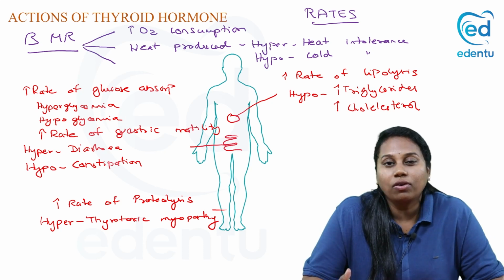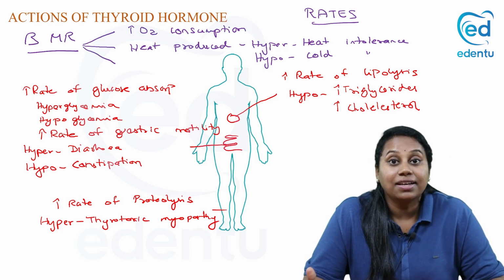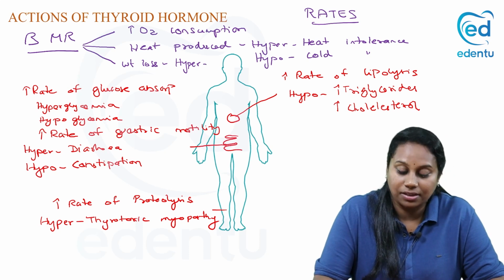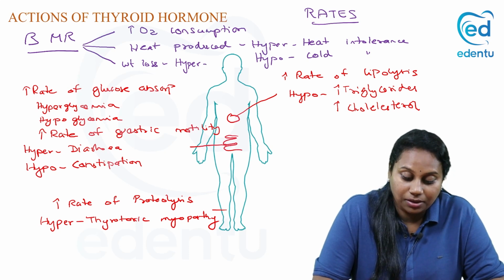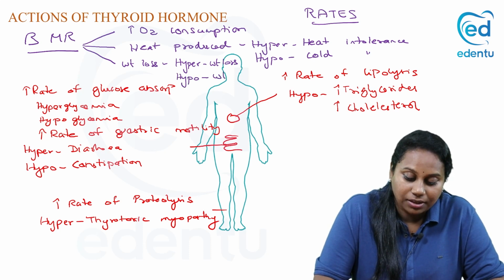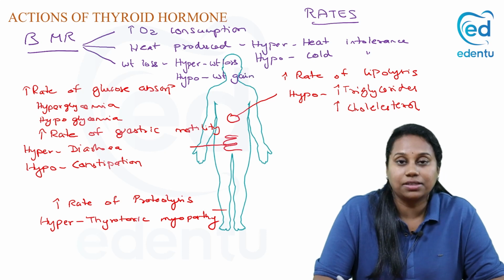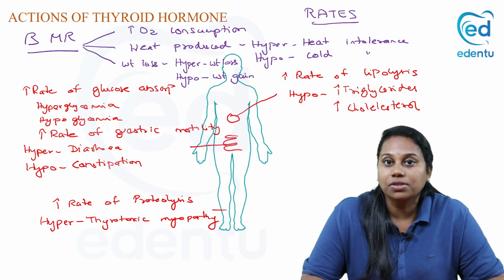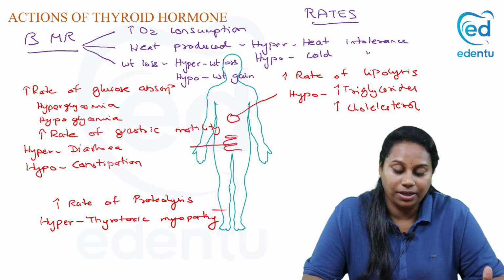And as a result of all these metabolisms taking place, there is weight loss. That is why hyperthyroid patients are very lean, they have weight loss. On the other hand, hypothyroid patients have weight gain, they are fat. So these are all the actions of thyroid hormones and how you will clinically correlate them.